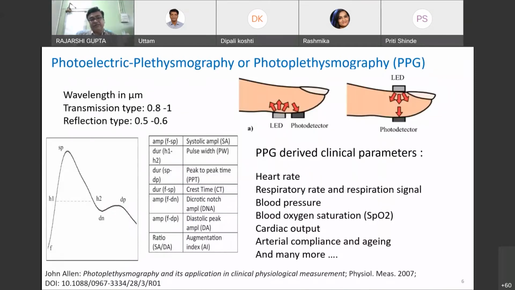Now I directly start with photoelectric plethysmography or photoplethysmography signal, because in part B of my discussion, this signal will be the basic signal that I will be dealing with. There are two technologies. I think many of you are already conversant with this PPG technology.